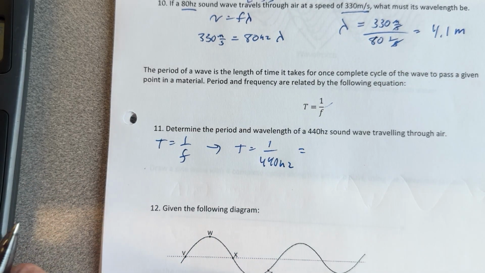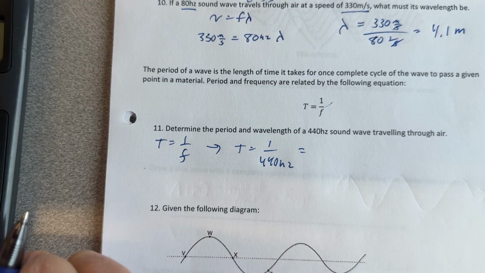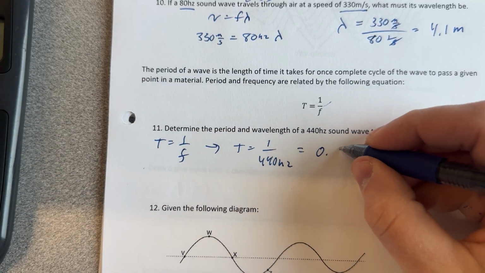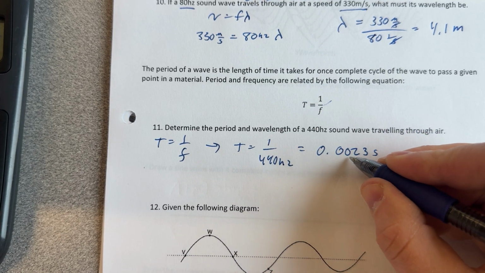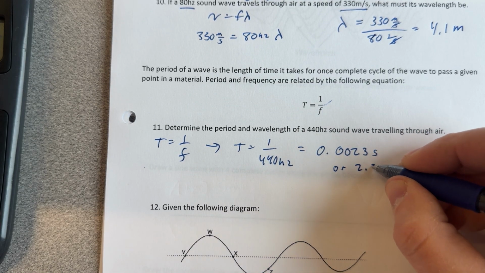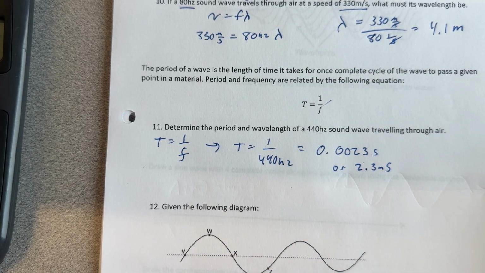So that's going to give us a time. It would take the string 1 divided by 440, 0.0023 seconds, or 2.3 milliseconds for one complete cycle.